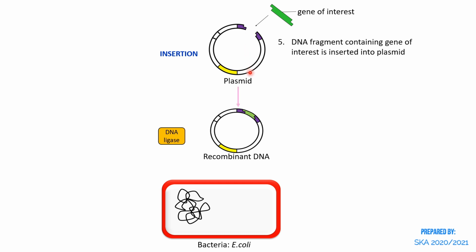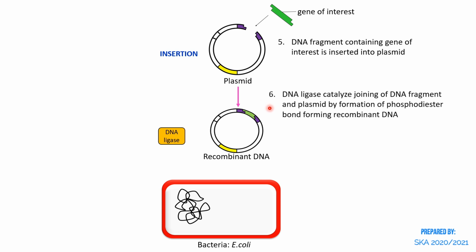And then DNA ligase will catalyze the joining between this DNA fragment, the green color, and the plasmid by formation of phosphodiester bond. Then it will produce recombinant DNA or recombinant plasmid. Finished for the third step, which is insertion.